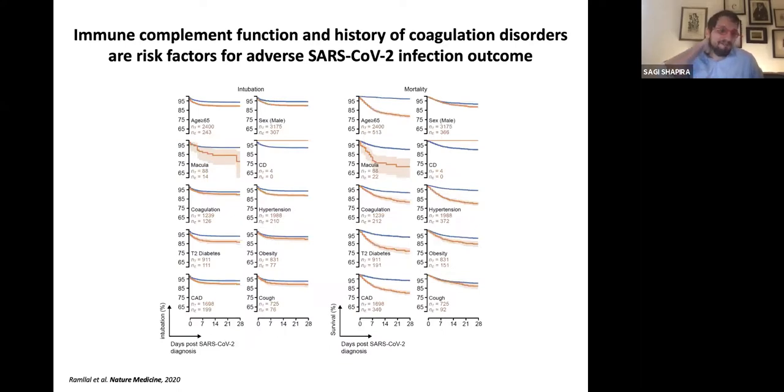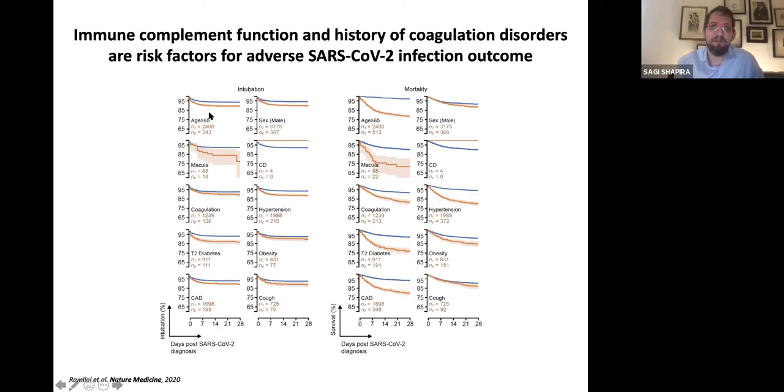So we took a relatively naive approach. We simply asked whether a history of macular degeneration or some coagulopathies or some of the other risk factors that had already been described were associated with increased risk of either mortality or morbidity. Morbidity was essentially defined as intubation. Mortality, of course, is people who succumb to disease.